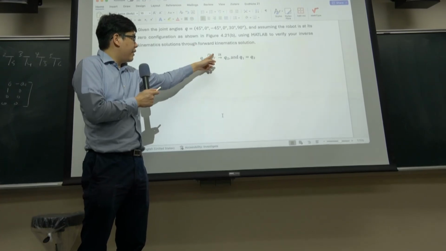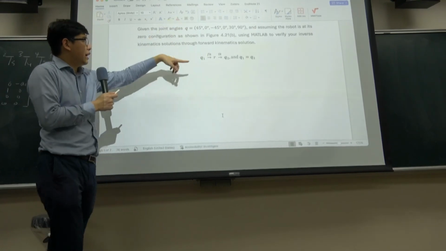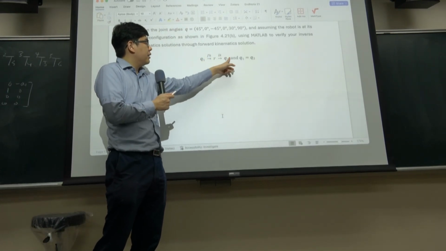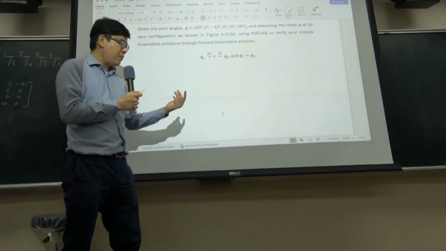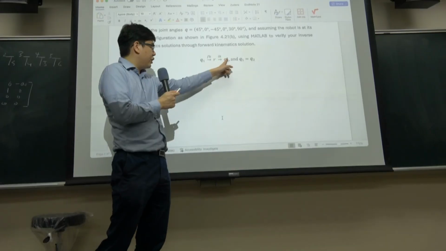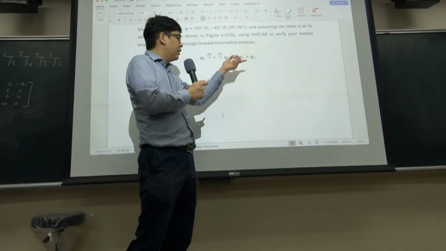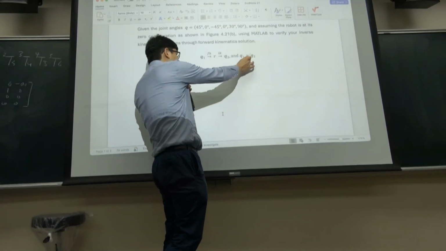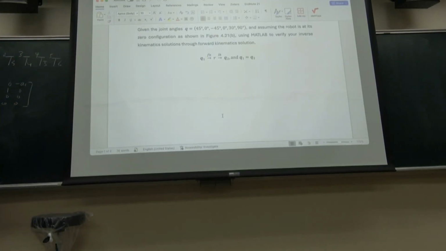And you use this end effector configuration and through your last question solution, the inverse kinematics, then you can get a set of joints or maybe multiple sets of joint solutions, and you need to verify whether inside there's a solution that is the same as your input.